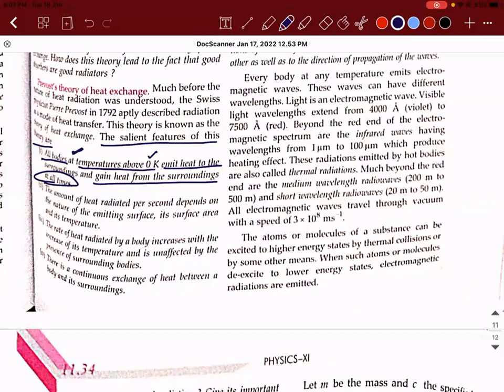Second, the amount of heat radiated per second, which is the rate of heat emission, depends on the nature of the emitting surface, its surface area, and temperature.